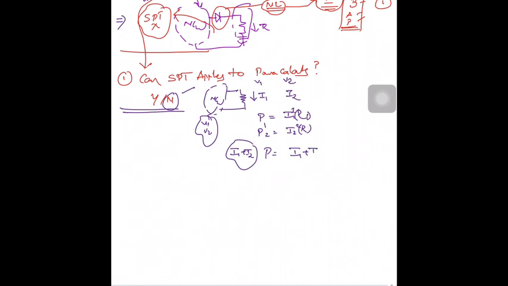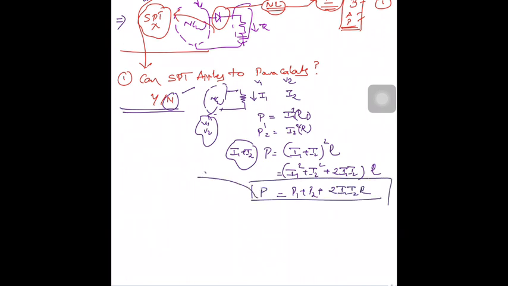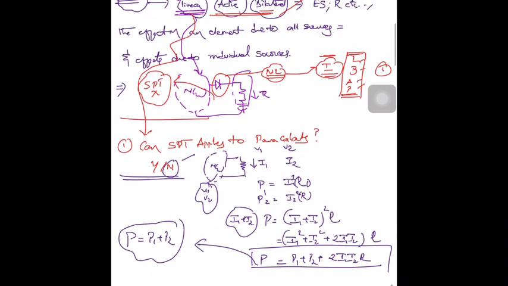P is equal to (I1 plus I2) whole square into R, which is equal to I1 square plus I2 square plus 2 I1 I2, into R, which is equal to P1 plus P2 plus 2 I1 I2 R. But as per superposition theorem, it should be P is equal to P1 plus P2. The effect due to the sum of the elements should equal the sum of effects, but it is not satisfying. So superposition theorem can't be applied to power calculations.